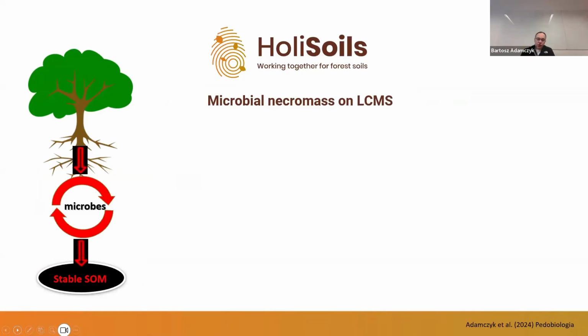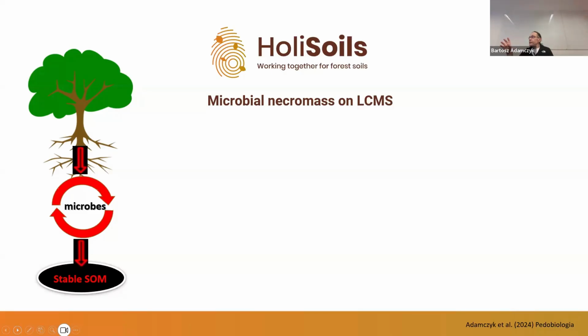Another method which is already published, we also developed it under HoliSoils. Maybe I will introduce here why to take into account especially microbial necromass. Typically, on the left, we can see that plants are producing a lot of litter, especially from the roots, and from the above ground part of the plants also, but roots are more important for stabilization of carbon.